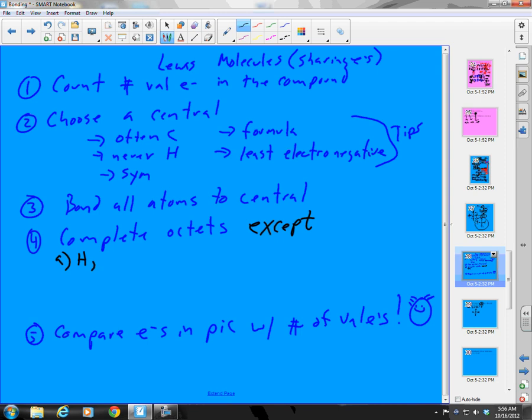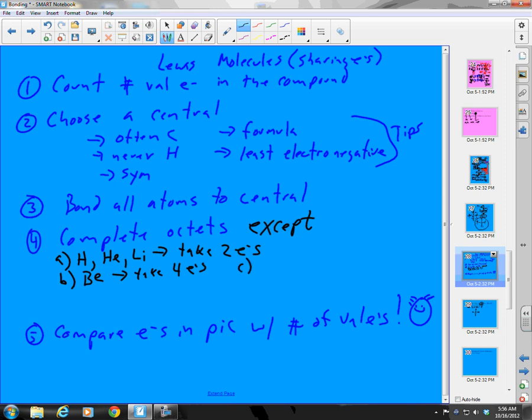Hydrogen, helium, and lithium only take 2 electrons, not 8. We don't complete an octet. You guys can remember some of this, because we were talking about exceptions to the octet rule. Beryllium doesn't want 8. Beryllium will take 4 electrons, not 8.